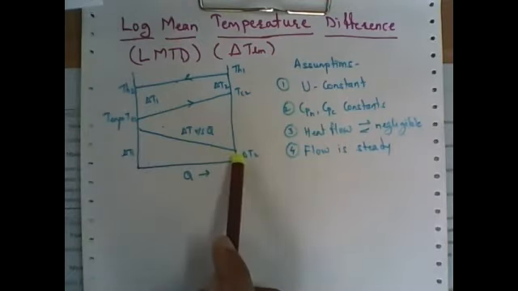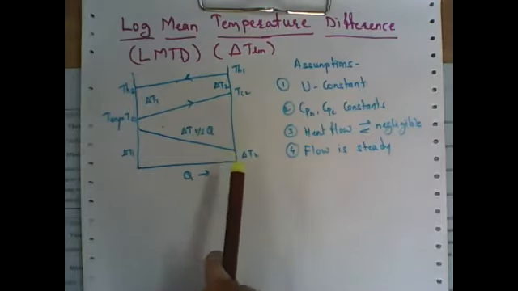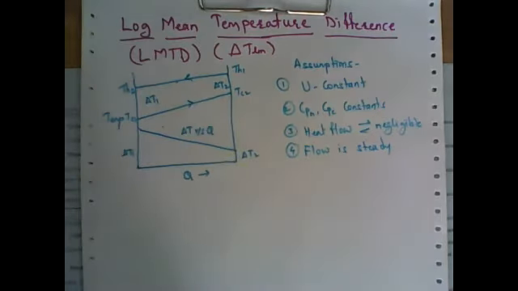It is a negative slope line, but it is a straight line. So we can apply the straight line concept, the equation y equal to mx plus c, or the slope of the straight line, y2 minus y1 upon x2 minus x1.